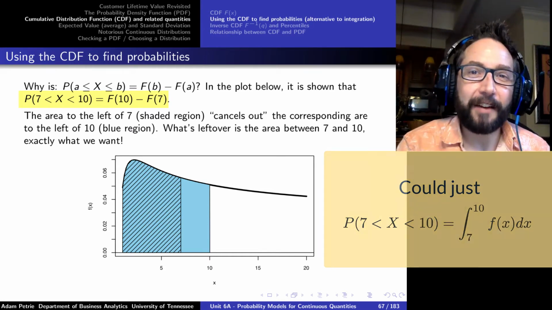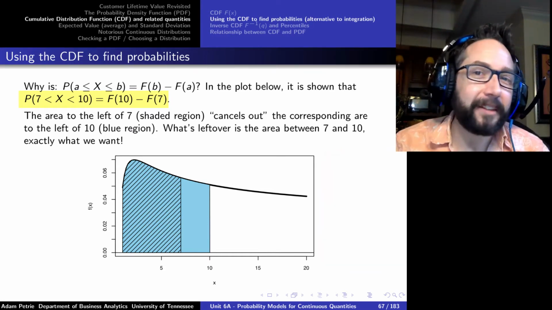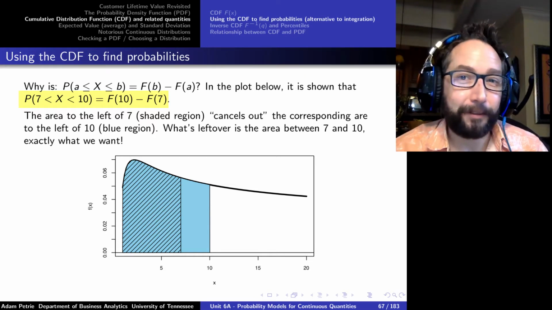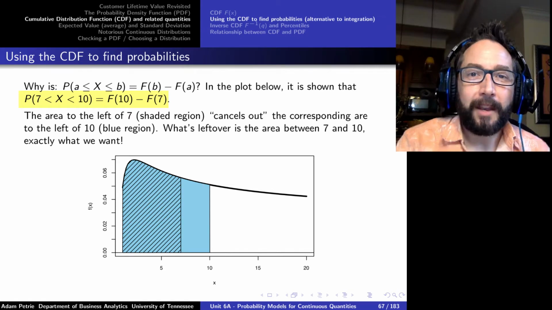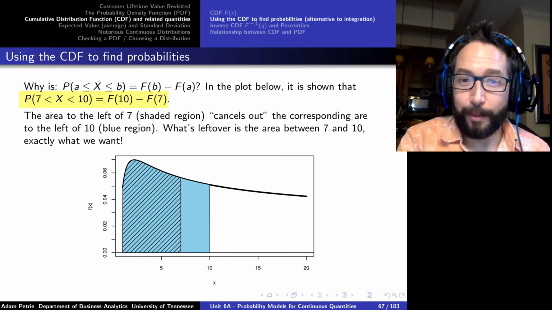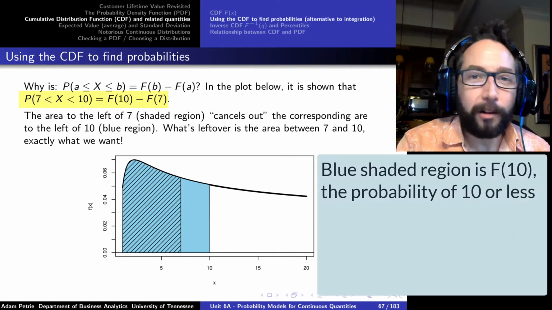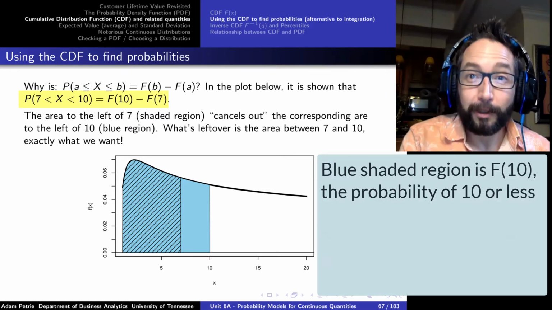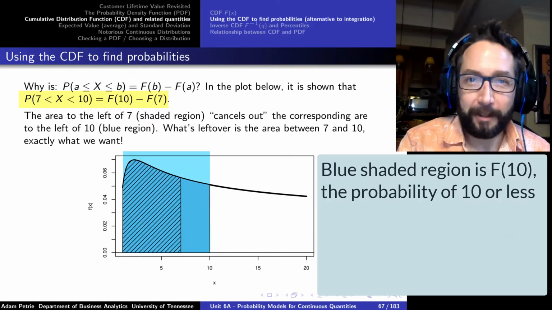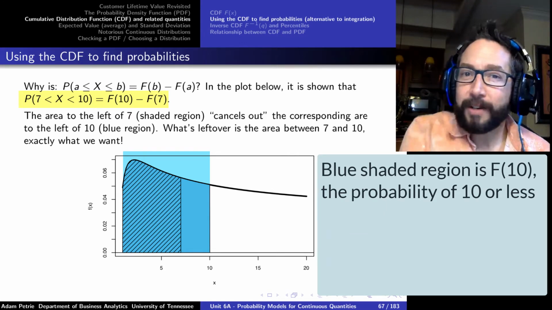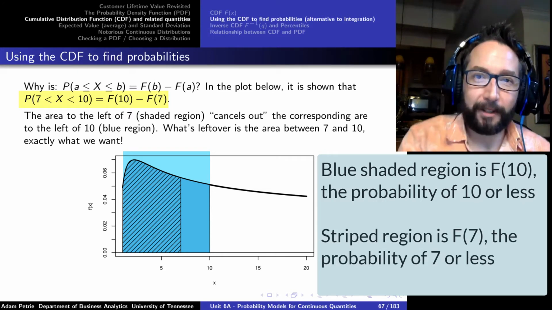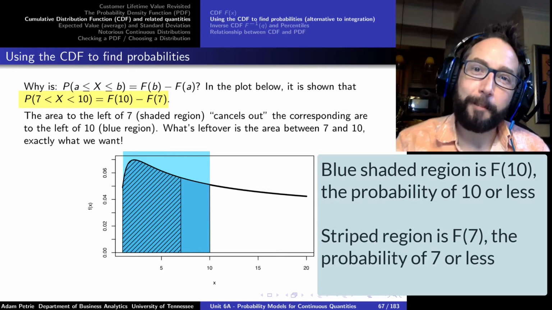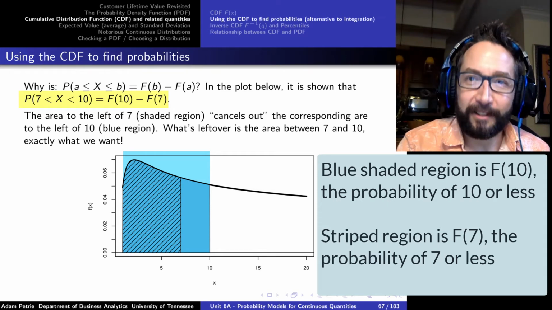But here's how that CDF comes into play. Remember, graphically, the CDF evaluated at a value of little x is just the area to the left of little x. So capital F, evaluated at 10 in this case, is all of the area that's been colored blue. That gives me the probability of observing a value of 10 or something smaller. And if I also consider the probability of observing a value of 7 or smaller, capital F evaluated at 7, that's represented graphically here by the diagonal lines.